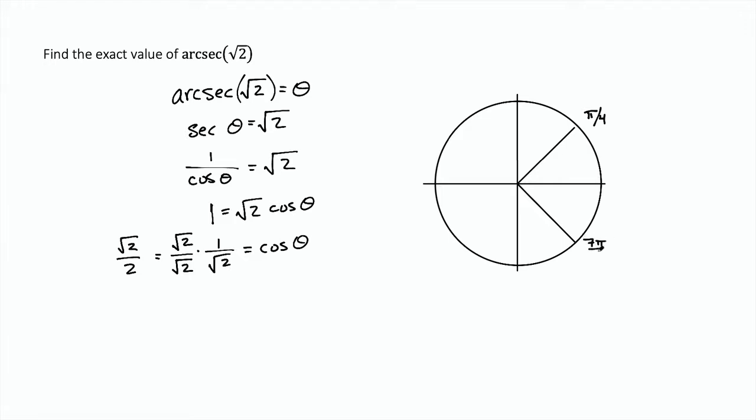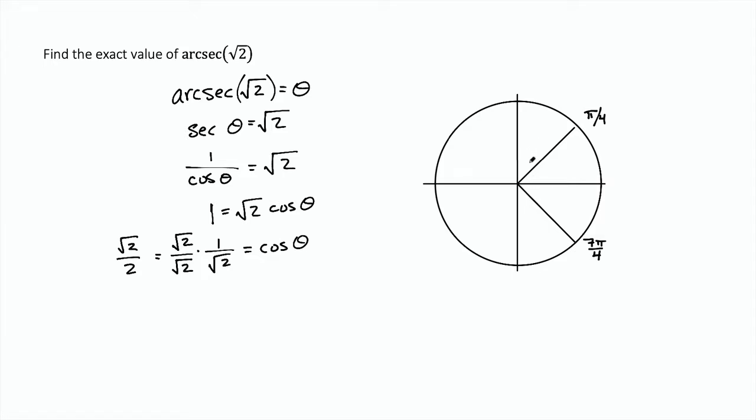Now, this was for cosine, but of course we're looking at the original secant, arcsecant. And arcsecant, the restriction on that is pretty much the same as the arc cosine, in that it's only going to give us something in the first 2 quadrants.